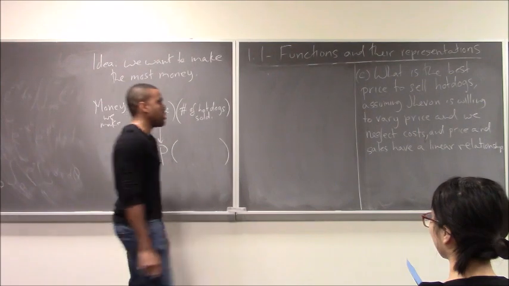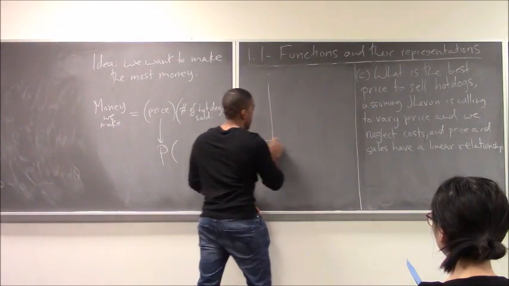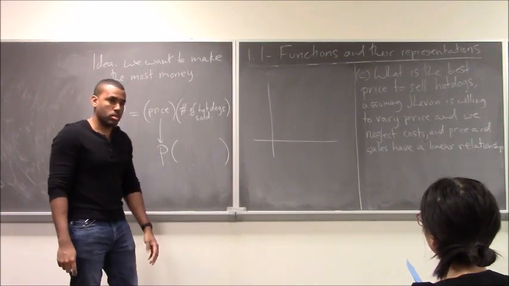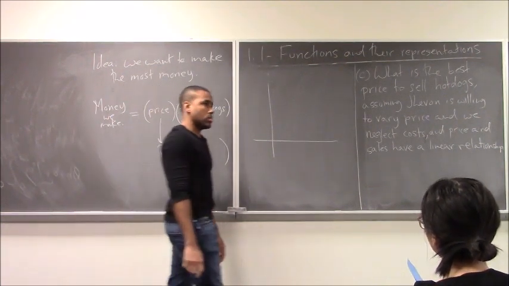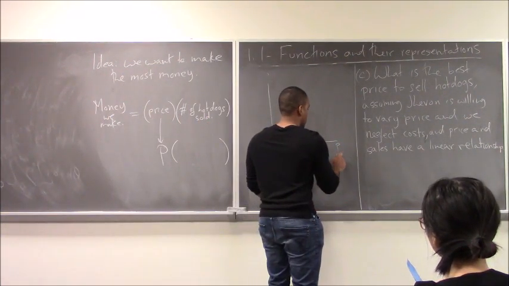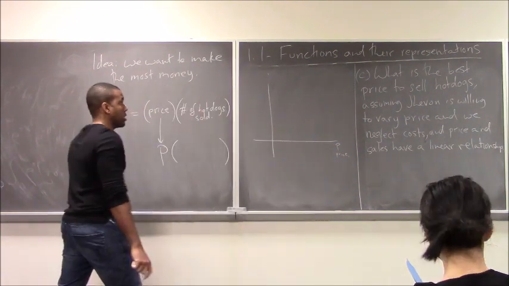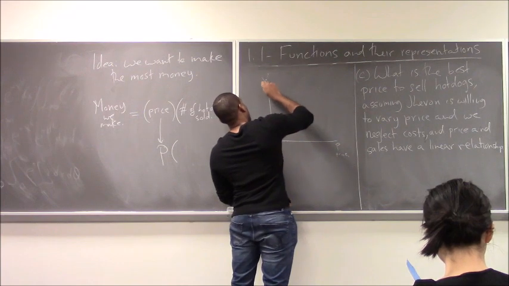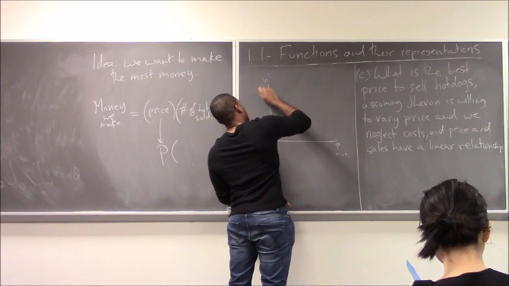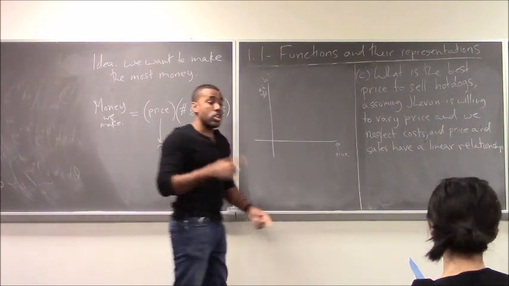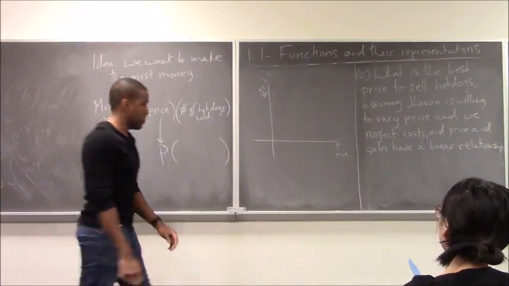So how would I use a graph here? What would be on the horizontal? Price, because the input goes on the horizontal. And on the vertical, that would be H, the number of hot dogs. I know 2 pieces of information.